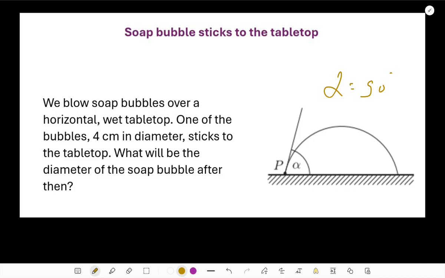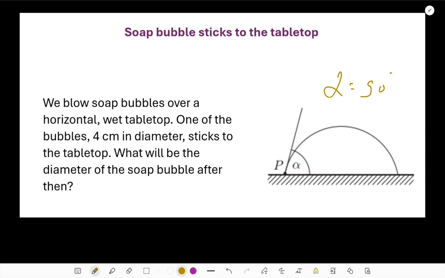And the curvature pressure, that is the pressure difference created due to the surface tension of the soap bubble, is small compared to the external pressure. So the air pressure is practically the same as the atmospheric pressure.